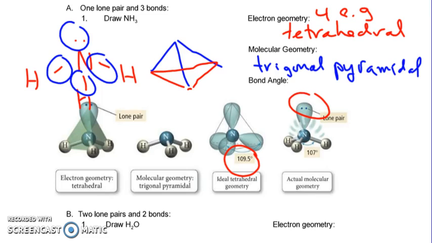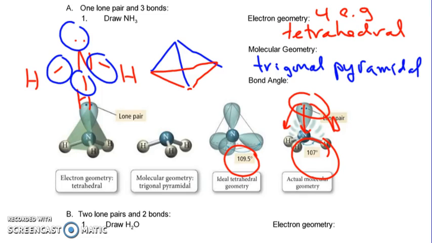Do you actually have 109? No. In a sense, this lone pair has those 2 electrons, and they're repelling those other bonds and kind of mushing them a little bit closer together. So your bond angles when you have lone pairs are actually less than 109.5.